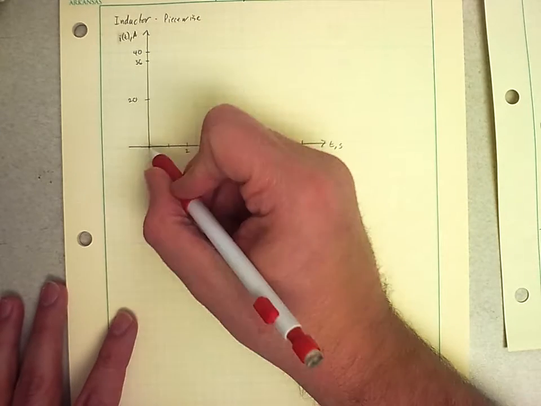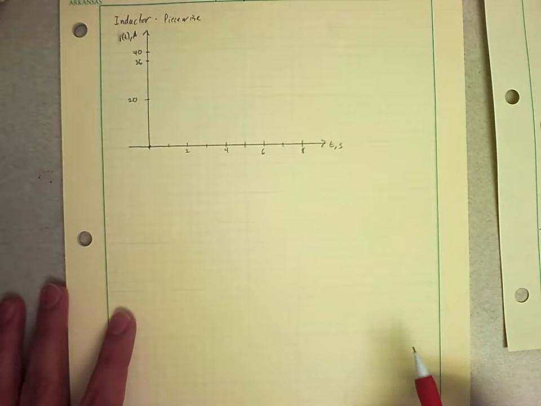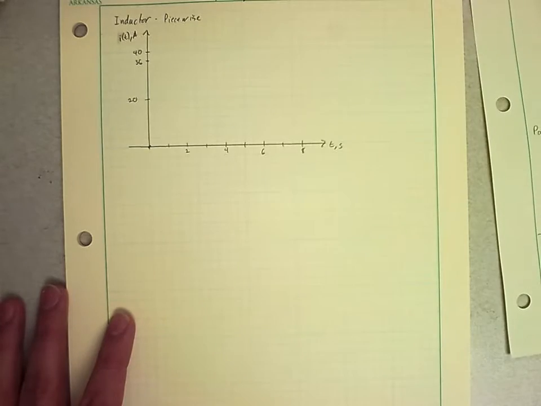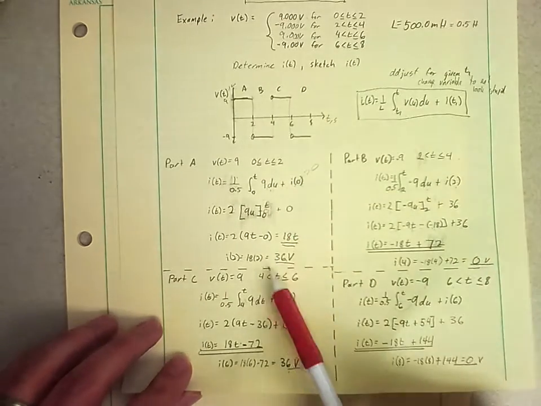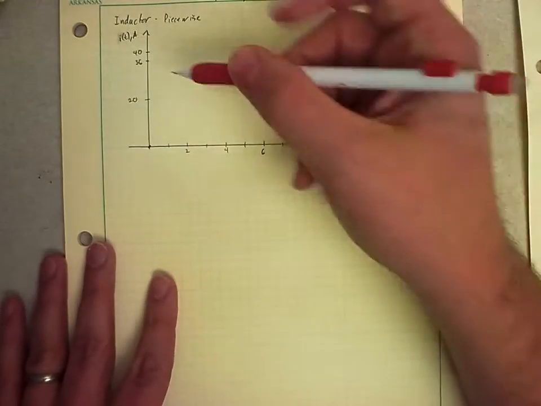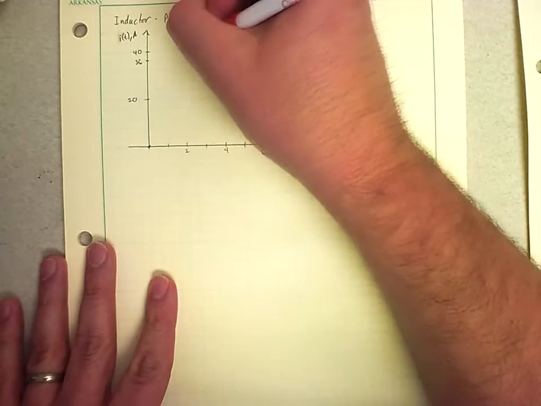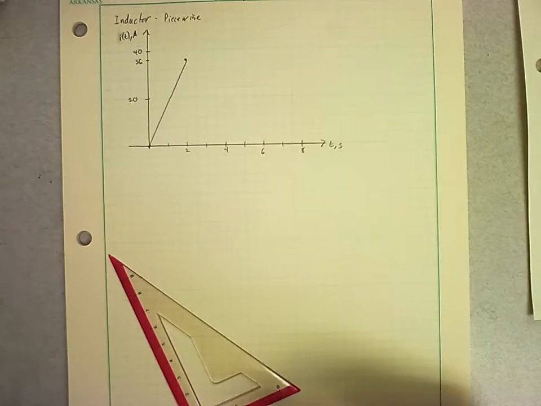We know the current starts at 0, and for the first 2 seconds, because of the inductance being that, it has a slope of 18, and so it just looks like 18 times t. So it goes up to 36 during those first 2 seconds.